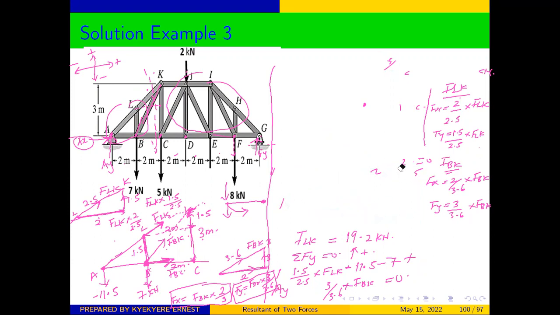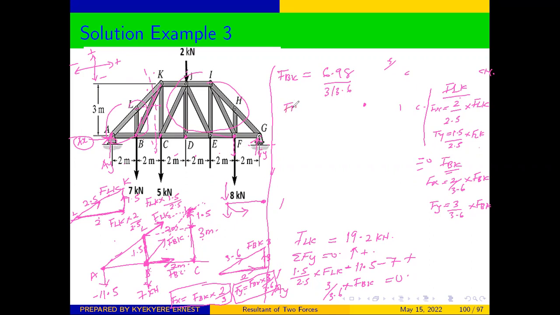We can write that FBK will be equal to, when we substitute the values in, 6.98 over 3 over 3.6.